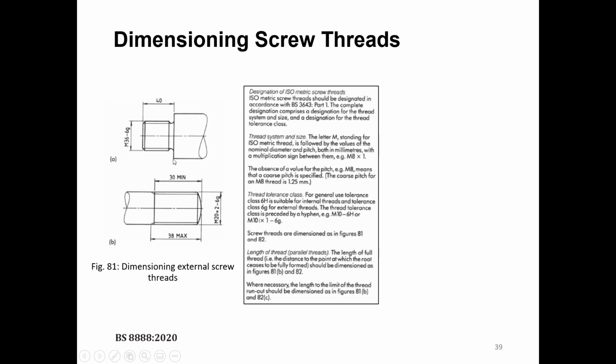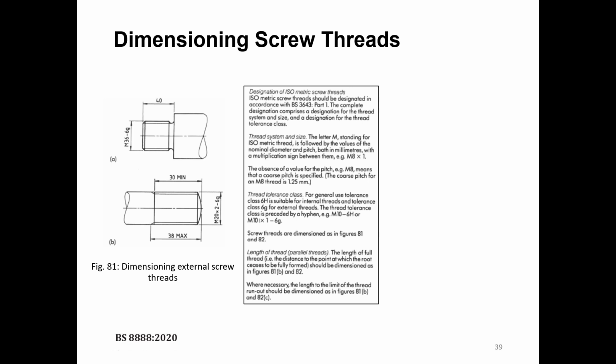For example, here we have M36 only, so we don't have the times 1 or times 2. If you don't have the pitch written here, it means that we have what's called a coarse pitch, and there are some tables for that. For example, for M8 thread, the coarse pitch is 1.25. So M36 here means that it's coarse thread, and based on tables, we need to find the pitch for coarse pitch.